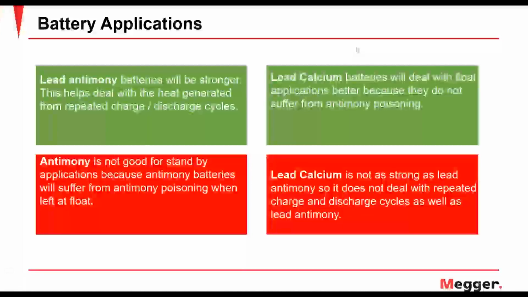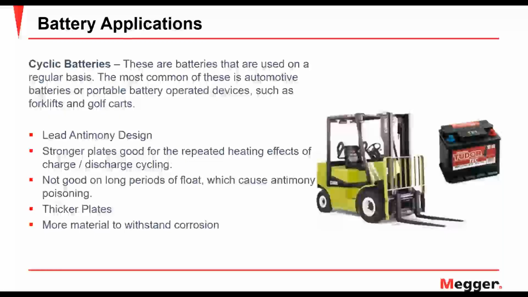From that, we go to the cyclic batteries. These are the batteries that we use on a regular cycling basis. From the previous slide, we know that in the lead acid family these are better designed with the lead antimony design. They usually have stronger or thicker plates to be able to accommodate the heat generated from charging and discharging cycles.